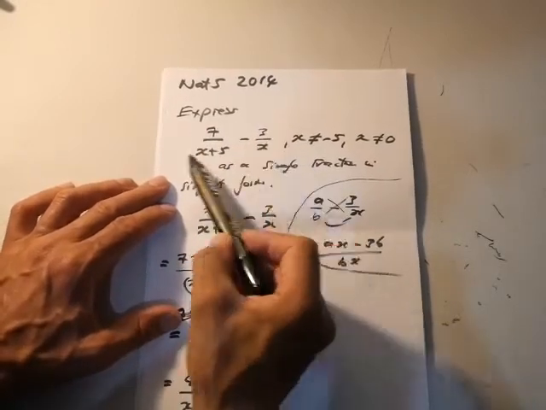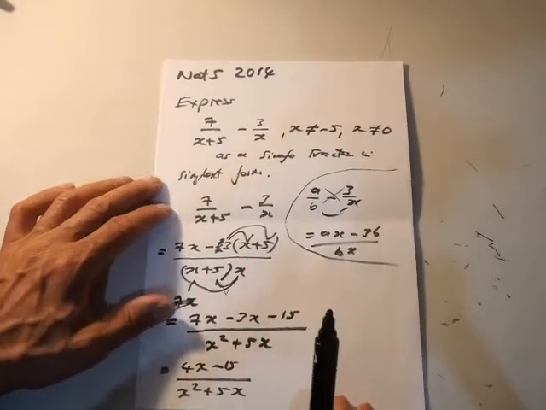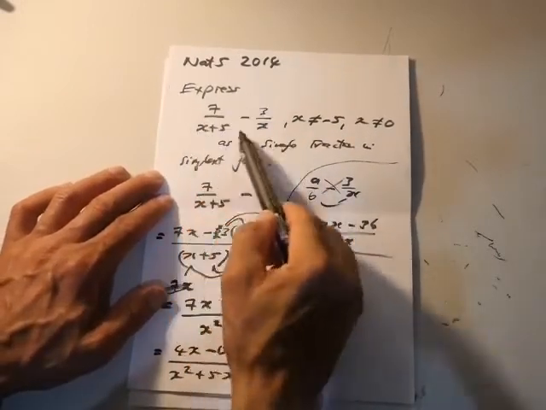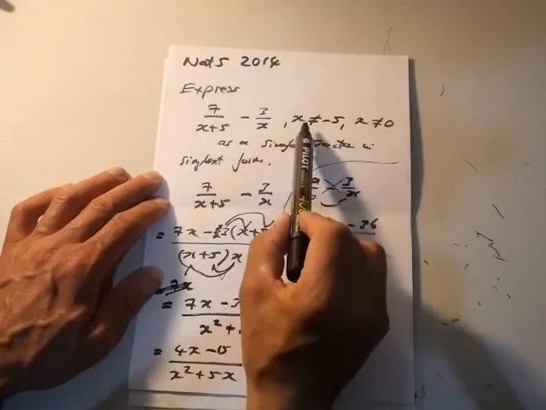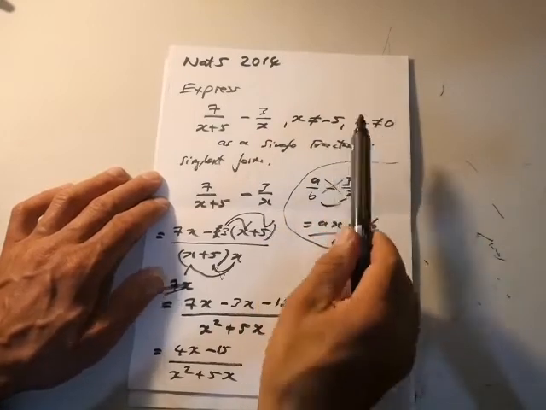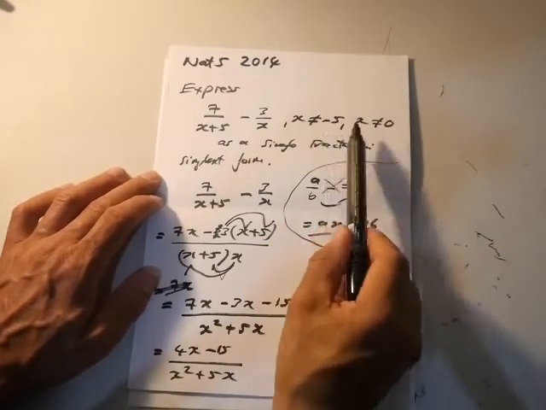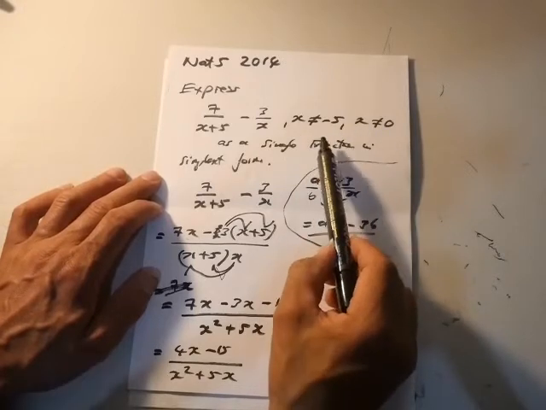So this becomes meaningless if you put these numbers in the bottom, okay? So that's why this fraction is defined except when x equals minus 5 and x equals 0. That's what that means. I met some students who don't understand that. A few.